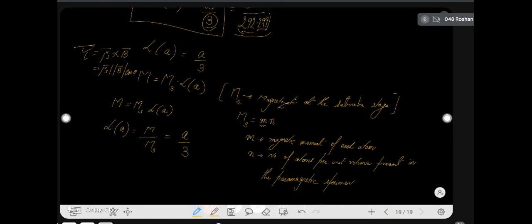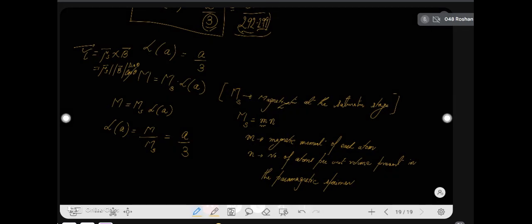Sorry, it is not cos theta, it's a cross product, so actually it is sine theta.